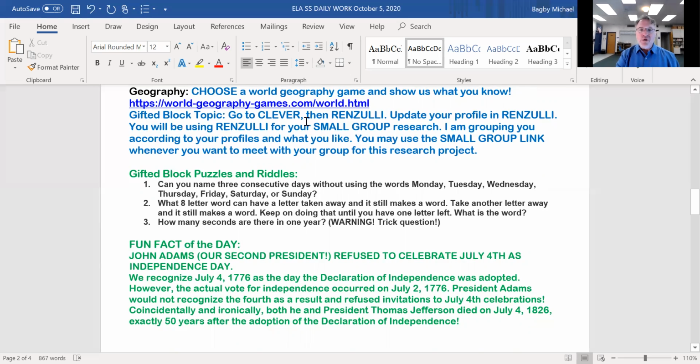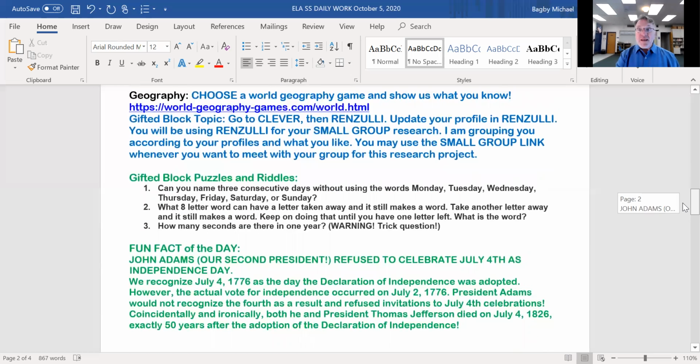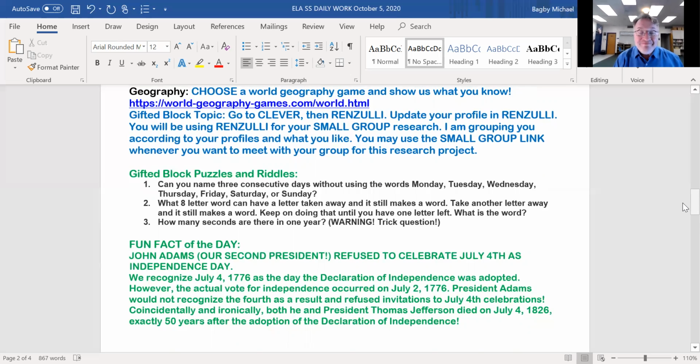And then you're going to be small grouped together based upon your profiles. So I'm grouping you according to your profiles and what you like and enjoy. You may use the small group link whenever you want to meet with your group for this research project. And don't ask what your research project is yet, because you don't know. And neither do I, because you first have to get the Renzulli done.